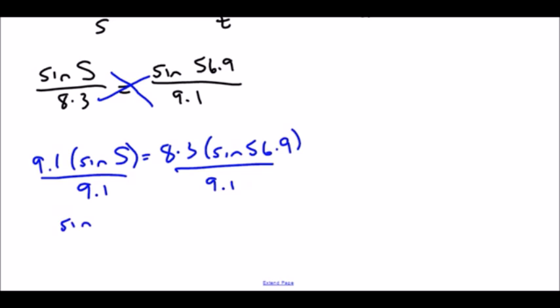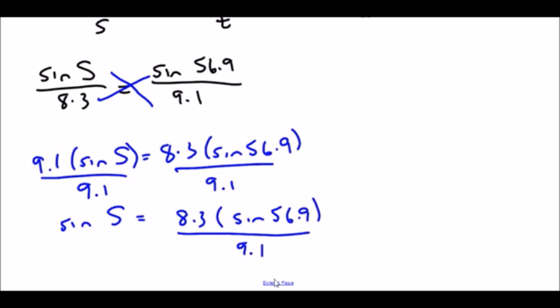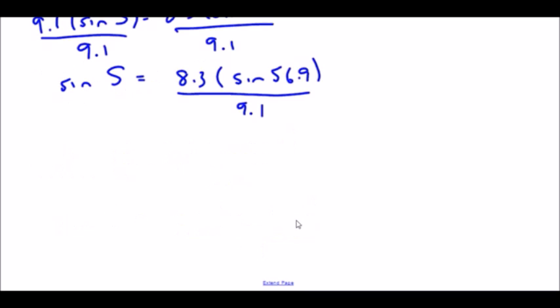So sine s is 8.3 times sine 56.9 divided by 9.1, and now I can go ahead and type that into my calculator. Sine 56.9 equals, times 8.3, divided by 9.1.